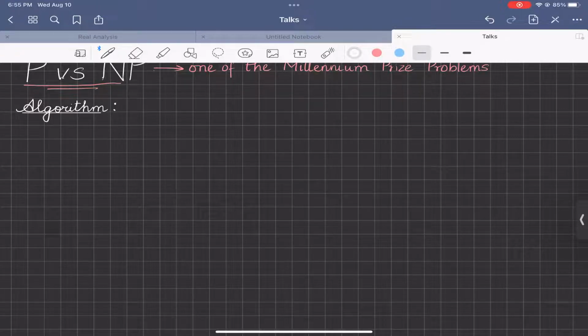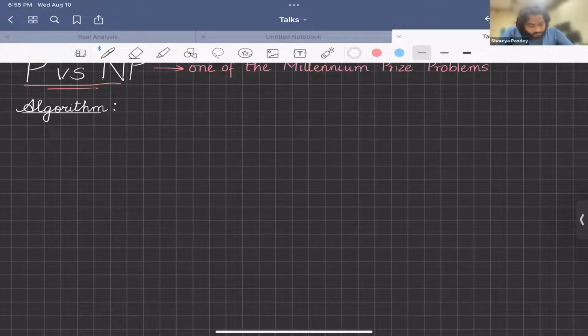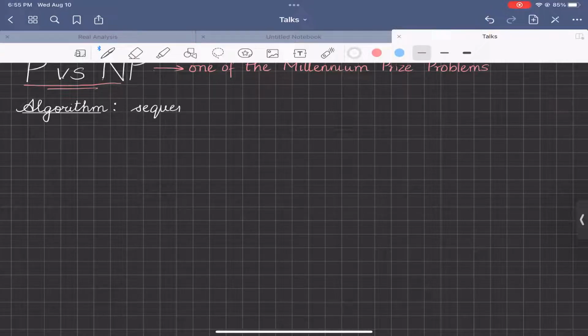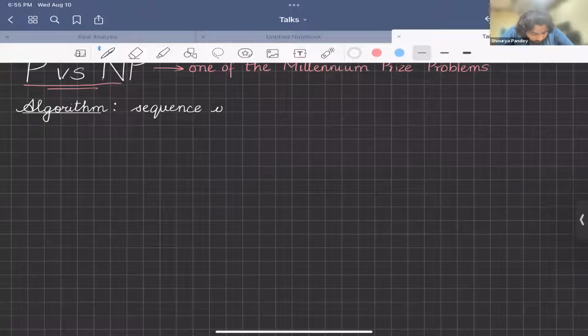Exactly. It's like a sequence of steps to solve an instance of some problem. Or rather rules, or something. To solve instances of a problem, or solve a problem.